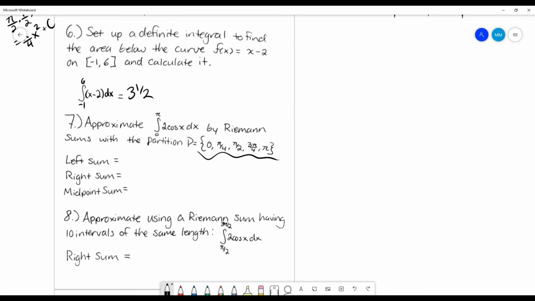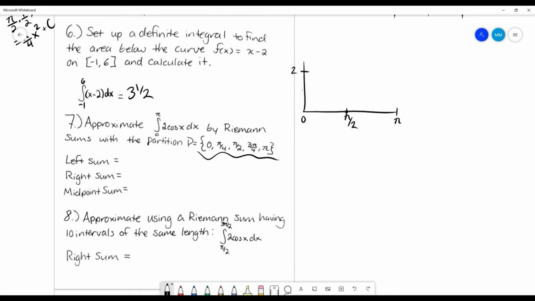Okay. So, when we're dealing with trig functions, they're easy to sketch, so we might as well. So I know that from 0 to pi is going to be half of its period. That's the word. Okay.